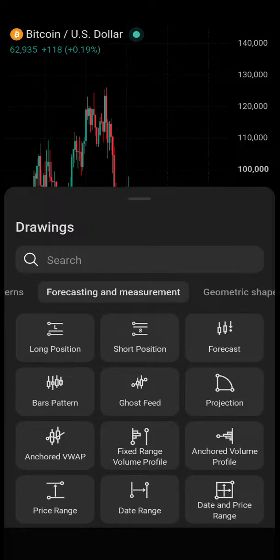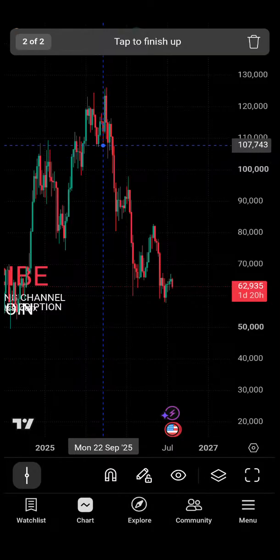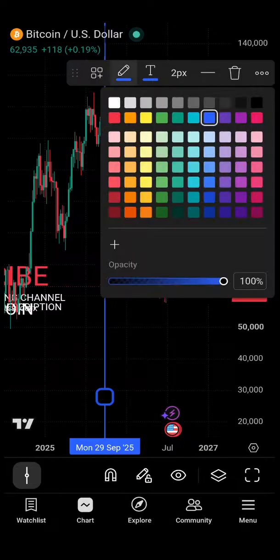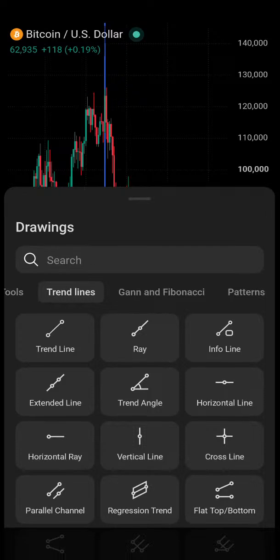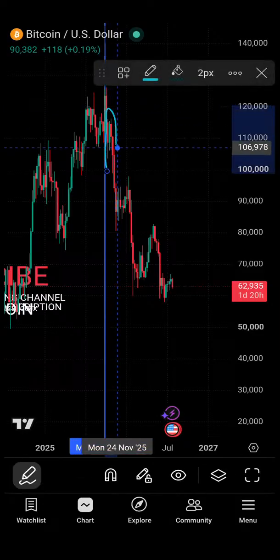So guys, looking from September 29, you can clearly see that Bitcoin has been moving towards the downside. It has been in a downtrend since last year.